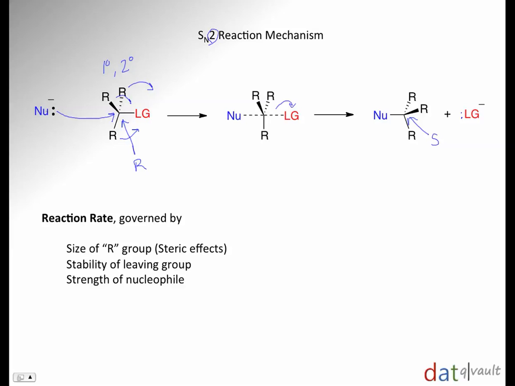Secondary carbons can undergo either SN1 or SN2 mechanisms. The smaller these R groups are for a secondary carbon, the more likely it's going to undergo an SN2 mechanism. The larger you make these R groups, the more it pushes towards an SN1 mechanism, which is going to form a carbocation intermediate.